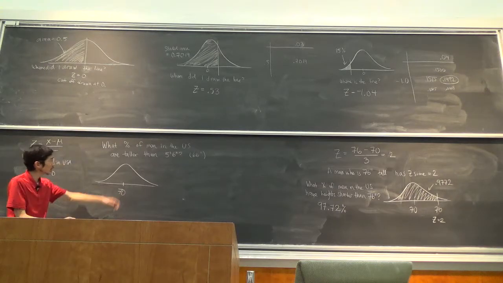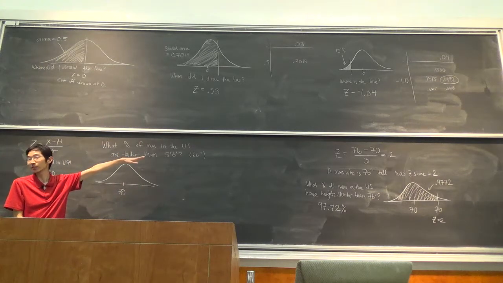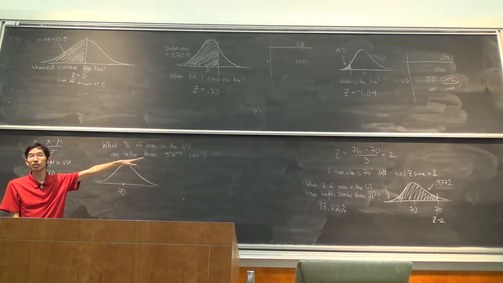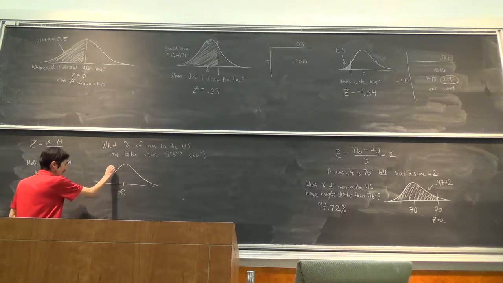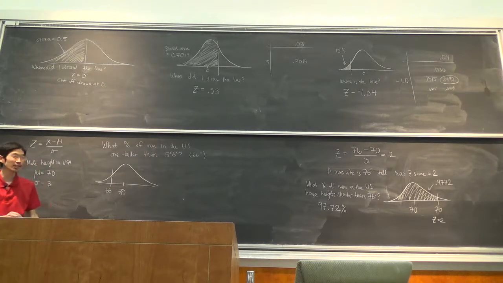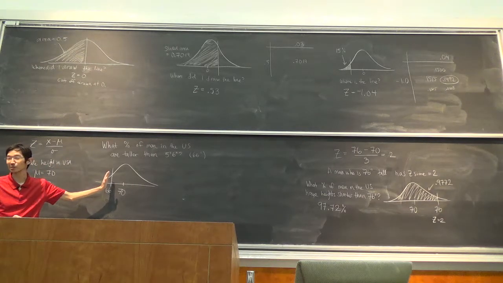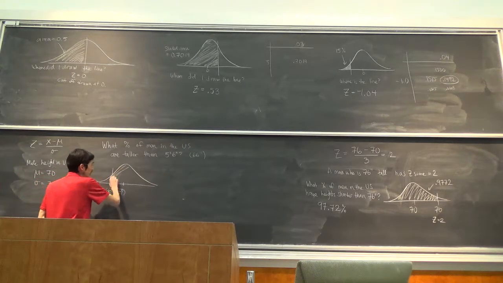And then I'm asking what percentage of men in the US are taller than 66 inches or 5'6". So I would draw a line what? To the left or to the right of 70? To the left, right? 66 is smaller than 70, so I go over there. Okay? So my line is over here, 66 is smaller than 70. And then I'm asking shade to the right because I'm asking what percentage of men are taller.